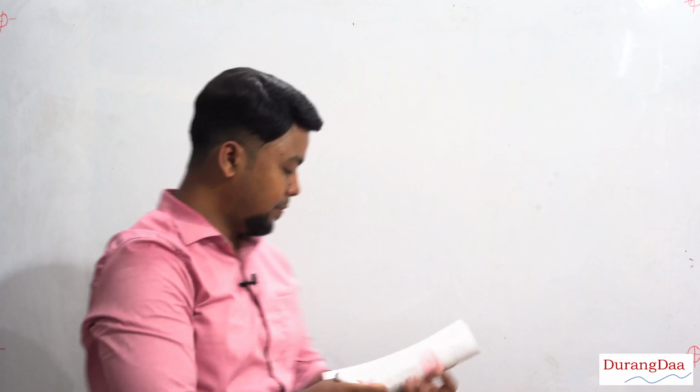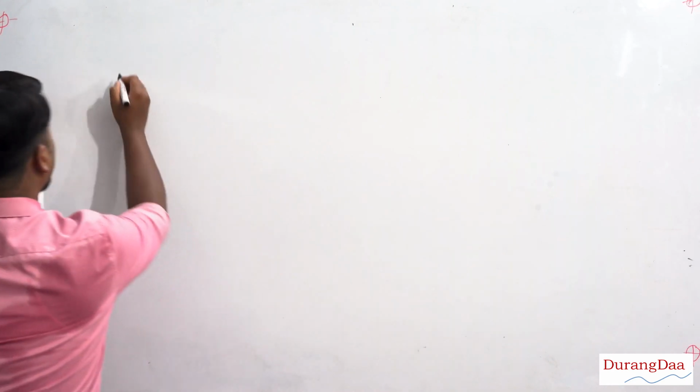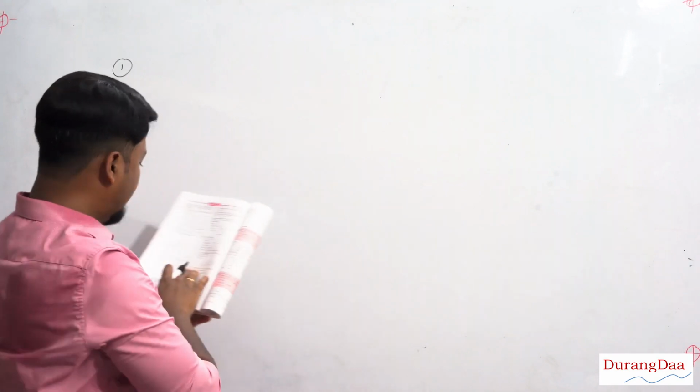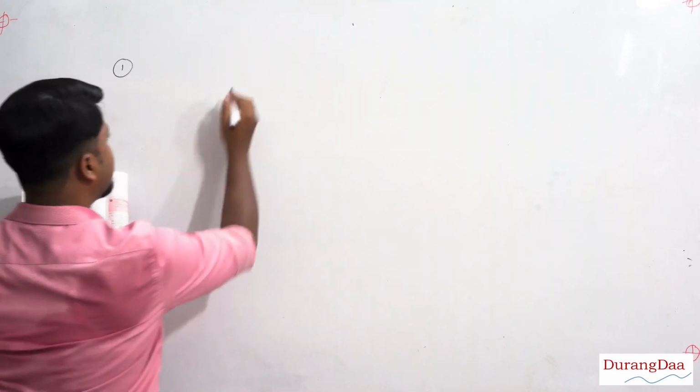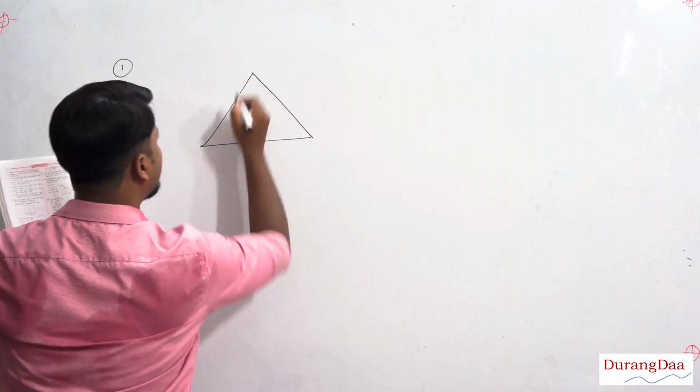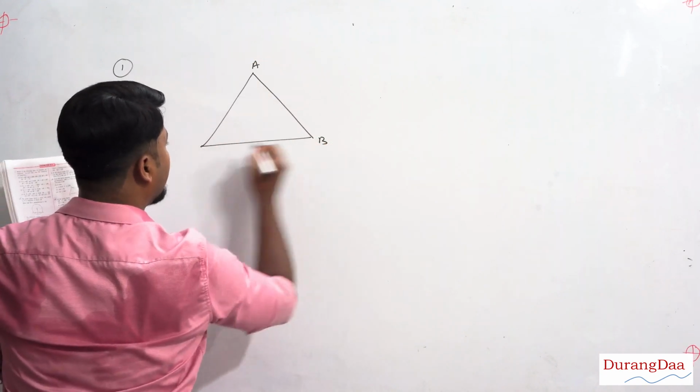Let us now try to solve some questions. First question is a very interesting one. Look carefully, they have not provided the figure here, but they have mentioned a triangle ABC. The figure has not been given, but we are drawing it according to the question.